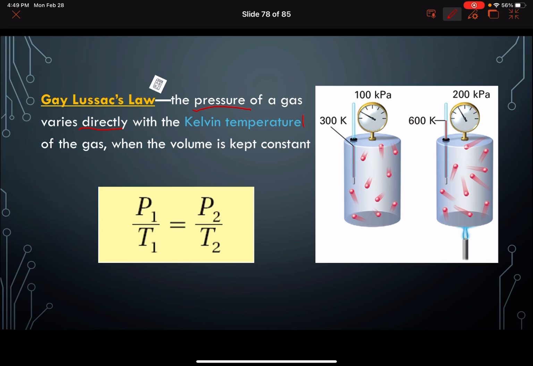Notice it's again Kelvin temperature, meaning that temperature has to be in Kelvin when the volume is kept constant. Because it's a direct variation, when pressure goes up, temperature goes up. When pressure goes down, temperature goes down.